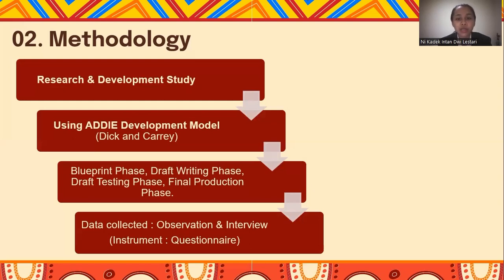After the material was deemed acceptable, it was used in teaching learning activities in the draft testing phase, and the students were also asked to give criticism and opinions regarding the material. The result was then used to revise the material during the final production phase, which was ready to use in the field testing.